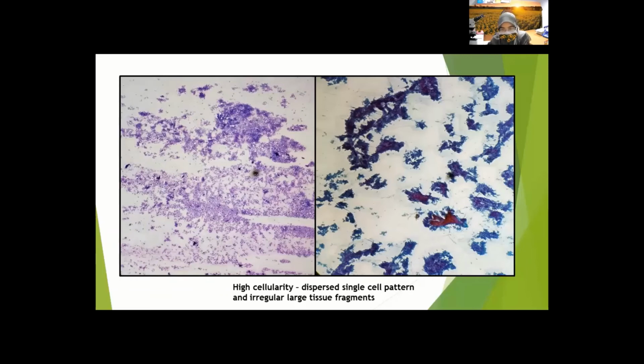And how about the background material? Is there any mucin? Some background looks like a dirty background, but it's not. There's no mucin or necrosis that can be appreciated at this power.